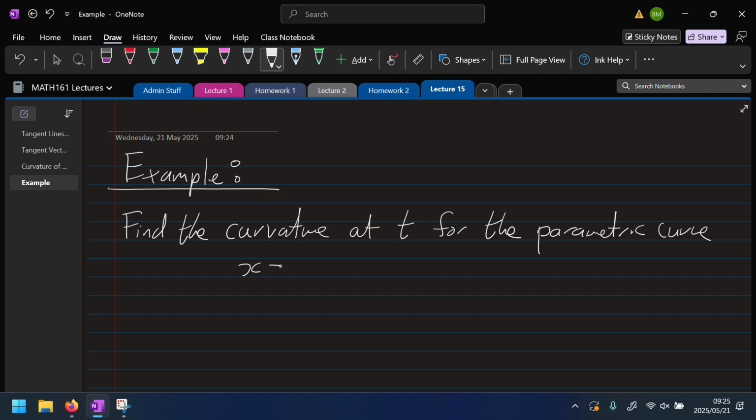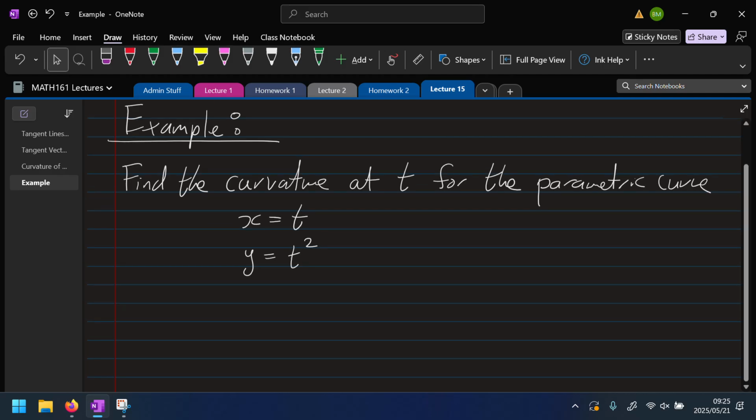Okay, and then we've got here x is t and y is t squared. So a very simple curve. We know this is going to be some kind of parabola. If x is t and y is t squared, this is going to be y equals x squared. That's just the parabola.